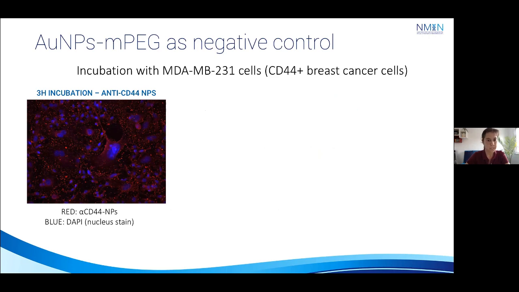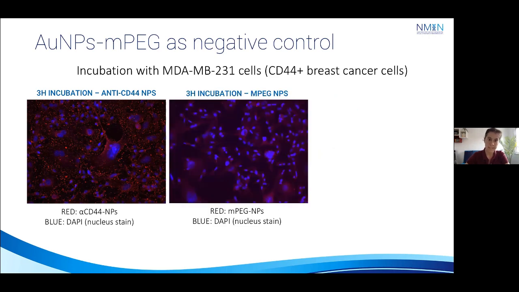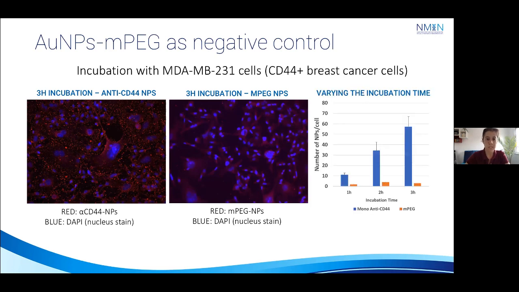And we can compare this attachment with pegylated nanoparticles that are actually non-binding nanoparticles. You can see here that there are very, very few dots. Interestingly, we can also see that increasing the incubation time with the nanoparticles will lead to an increase of specific nanoparticle attachment, but the non-specific attachment from the mPEG nanoparticles will remain more or less the same.